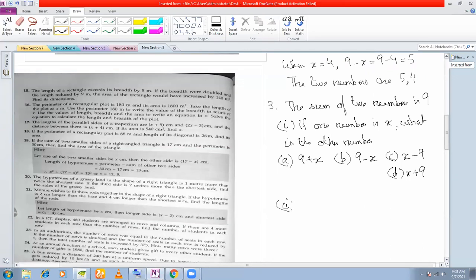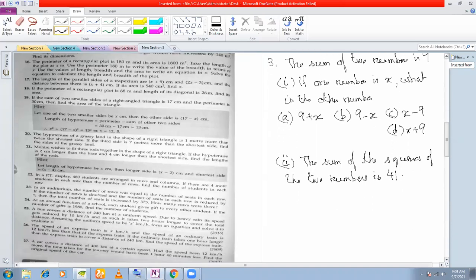Second question, I would say that the sum of the squares of the two numbers is 41. Then which of the following is correct?